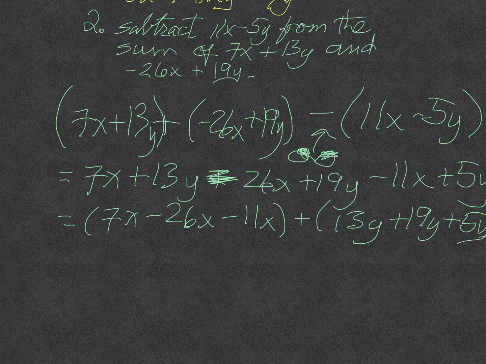And now I can collect the like terms. So 7 minus 26 is negative 19 minus 11 is negative 30x. All right. And then 13 plus 19 plus 5 is 32 plus 37x. All right. And that's it.